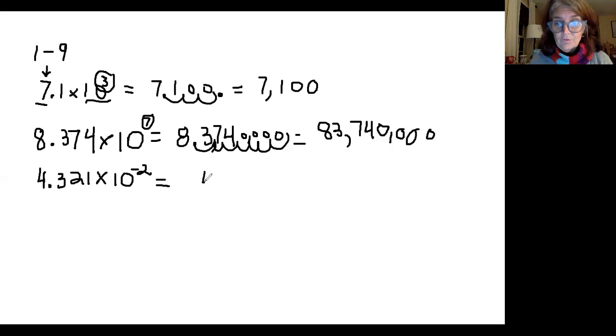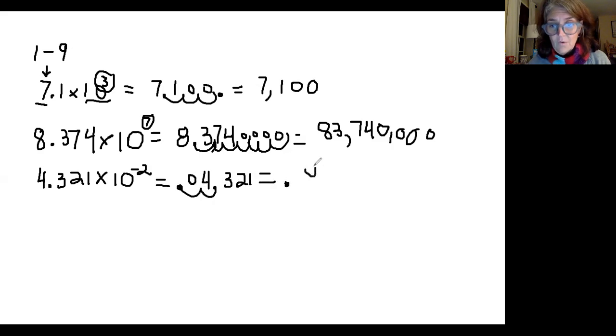So again, we're going to grab the decimal and move it the number of places we need to, as determined by the number, and the direction is given by whether it's positive or negative. Negative, we're going to move left. 1, 2. And now we're going to put that decimal there. And there it is. So this now becomes 0.0432.